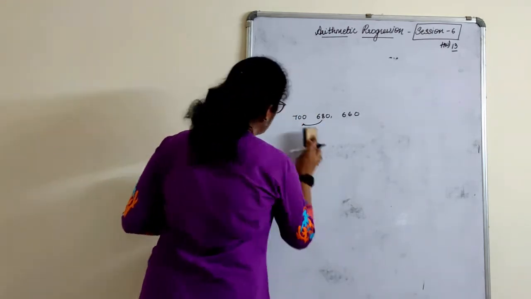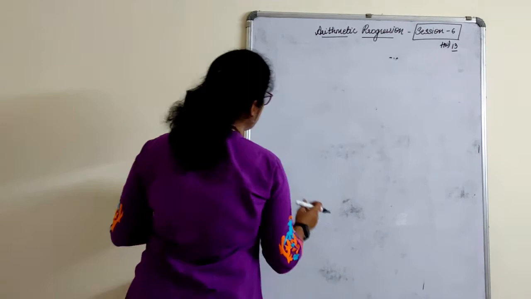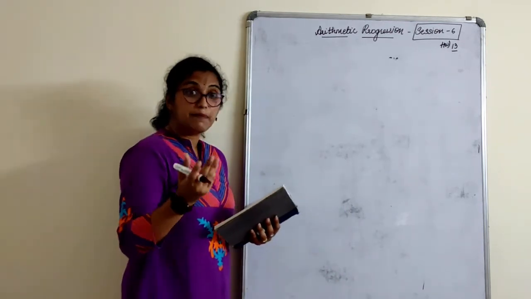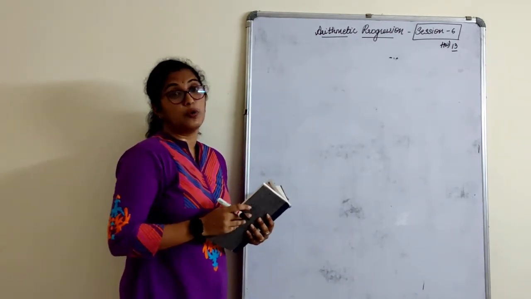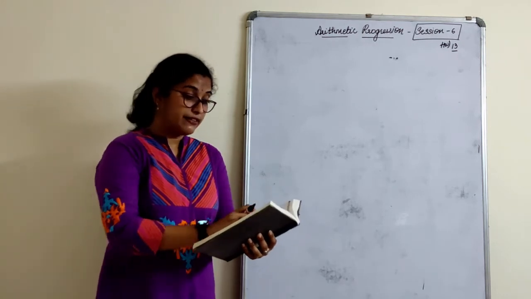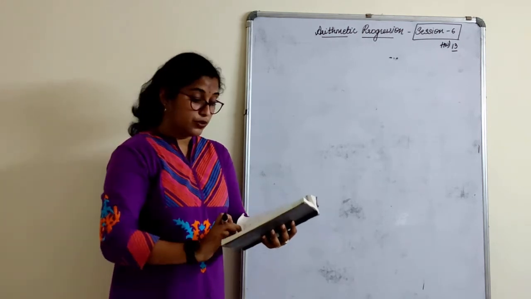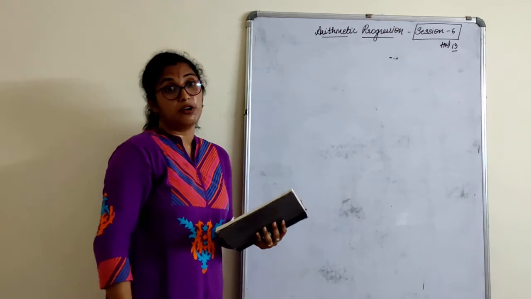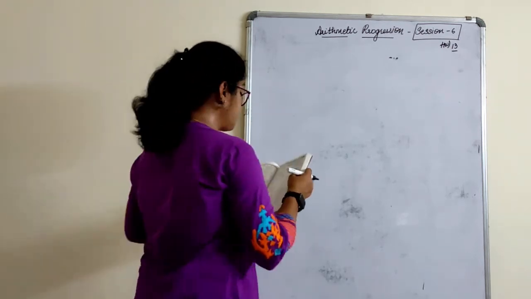Okay. So since here we are not aware of what the AP is, because the first term is not known. I think for the first time we have a verbal question where the first term is not known, but the common difference is known.